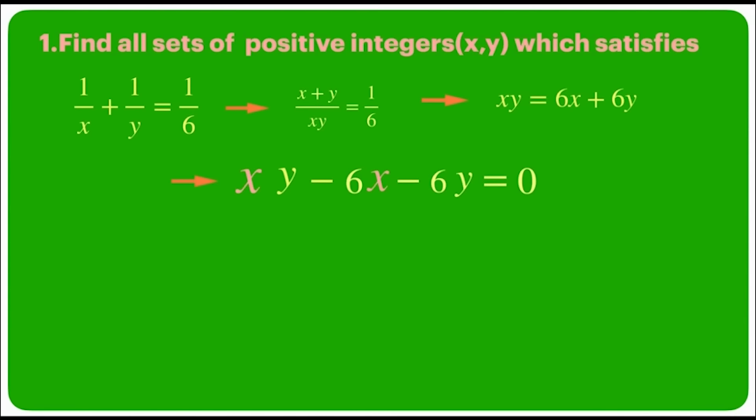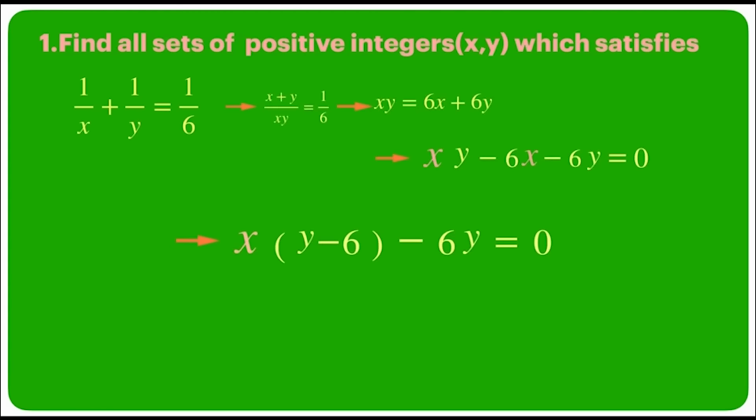So to get another y minus 6 from the third and fourth terms, we have to take a term 6 into 6. If we have 6 into 6 in the fourth term, then we can easily take 6 common, and then y minus 6 will come.